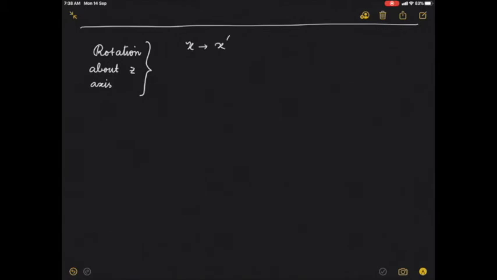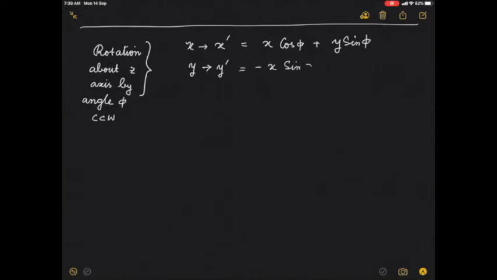You can look at Goldstein for the derivation. But what happens for rotation about the Z axis? X goes to X prime, by an angle phi counterclockwise. So this is X cos phi plus Y sin phi. Y goes to Y prime, which is minus X sin phi plus Y cos phi.